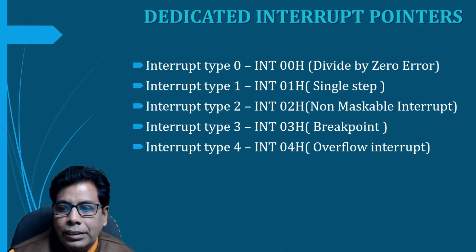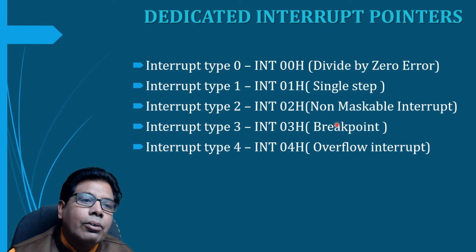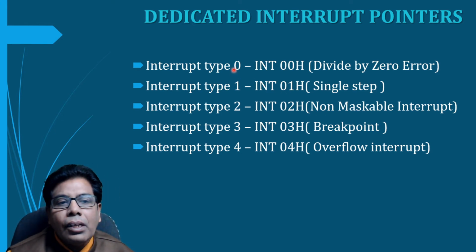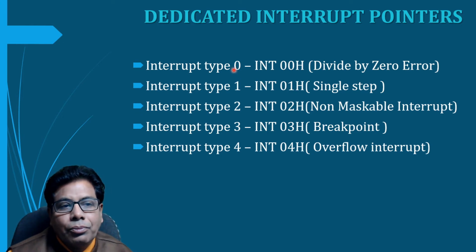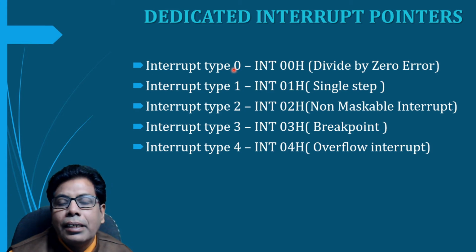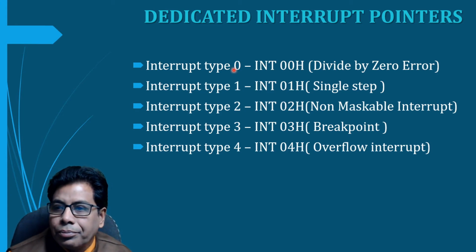Now as you can see here, the first dedicated interrupt pointer is interrupt type 0, so INT 00. The instruction for type 0 will be INT 00, and it gives us the divide by 0 error interrupt.